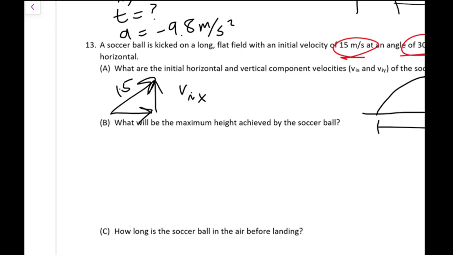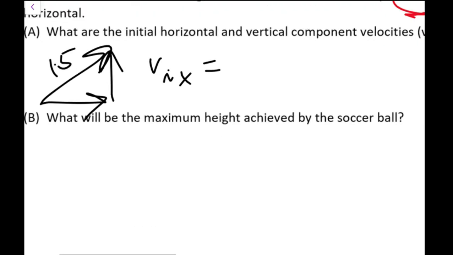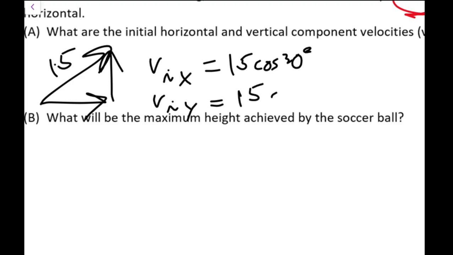VIX is the cosine, so it's 15 cosine 30 degrees, and VIY is 15 sine of 30 degrees.